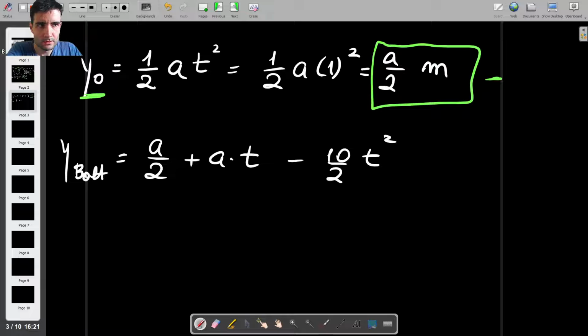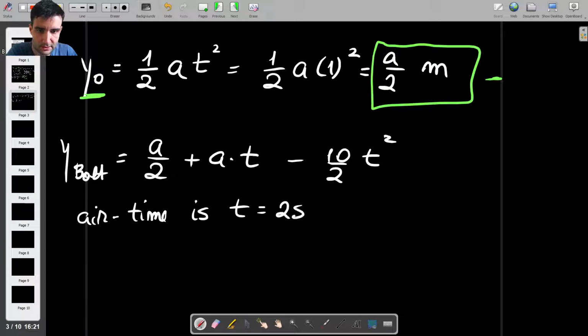So what we know is that the air time of the bolt is 2 seconds. So the air time is t equals 2 seconds. So what is the y coordinate of the bolt in that case when t is equal to 2 seconds? Well, if this is the air time, then when this time is reached, the bolt hits the ground, which means that this y value is equal to 0.